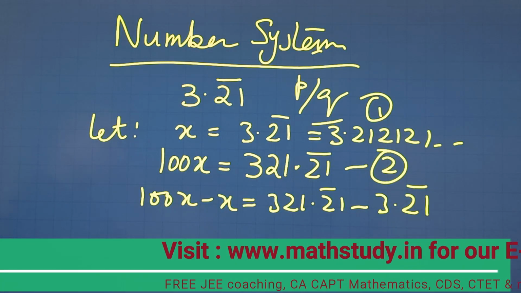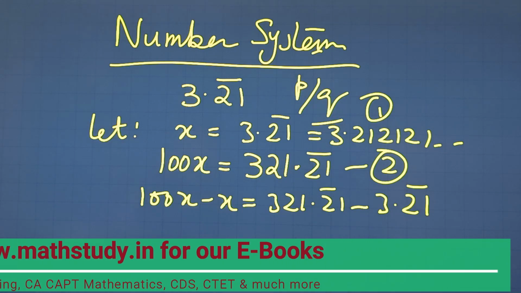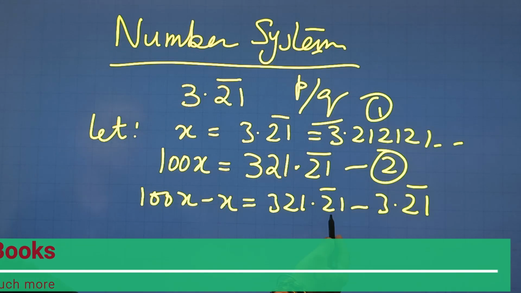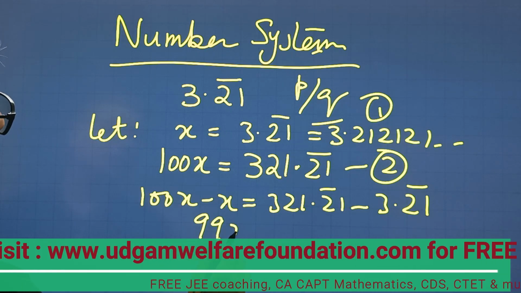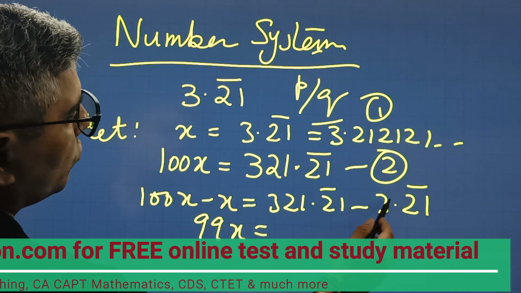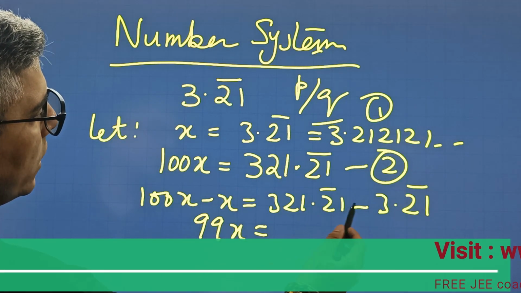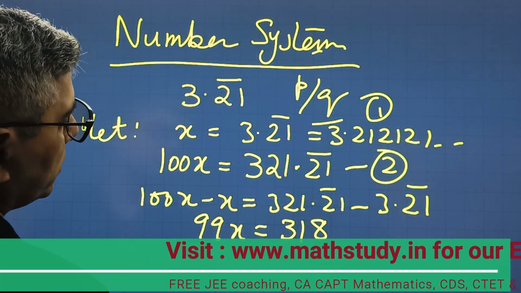Very simple. Now we can easily see that if we subtract these two equations, we are going to get rid of the part after the decimal. In LHS we get 99x obviously, and here 21 bar got cancelled, and 321 minus 3 is 318. Simple.